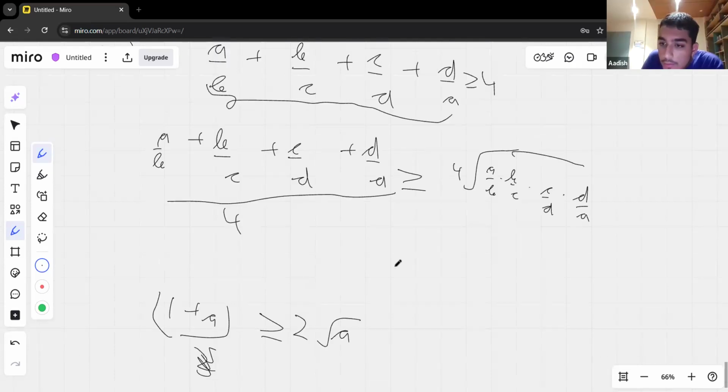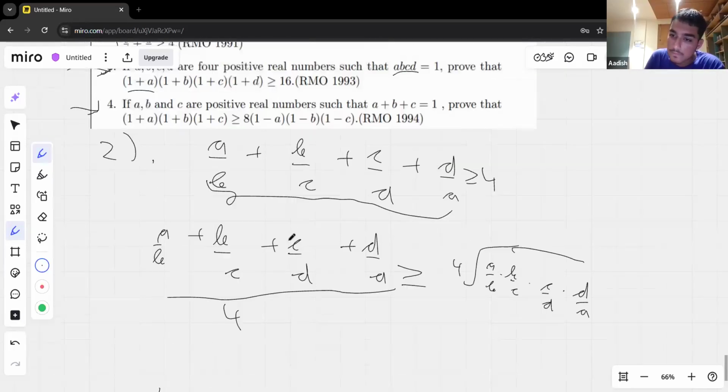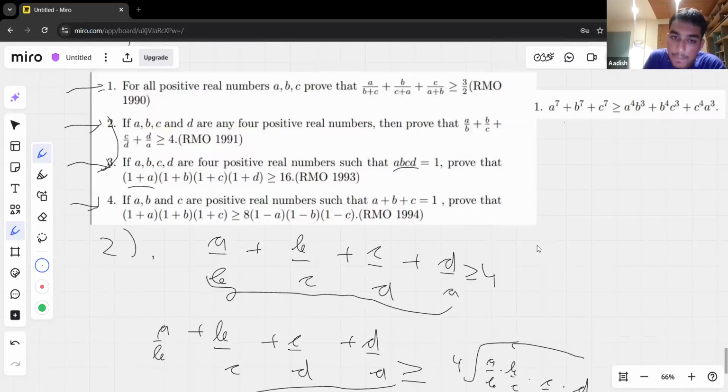Wait, no. With which problem are you talking about, Euler? Yes, people have found it for P2. But no, no, in P2, use AM-GM on the ratios.